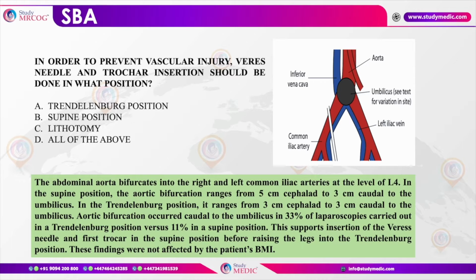So there is a gap of 2 cm. Aortic bifurcation caudal to umbilicus is seen in 33% of the laparoscopies carried out in Trendelenburg position versus 11% in supine position. This supports insertion of the Veress needle and the first trocar in the supine position before raising the legs into the Trendelenburg position. These findings were not affected by the patient's BMI.